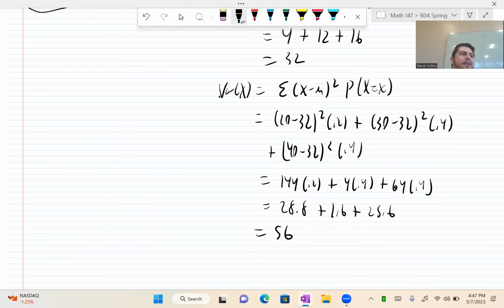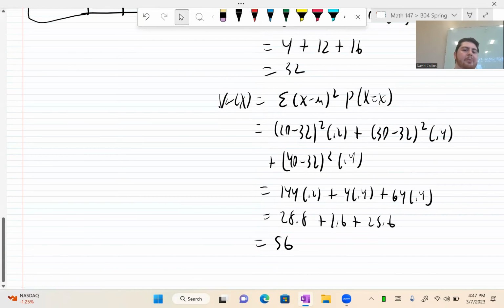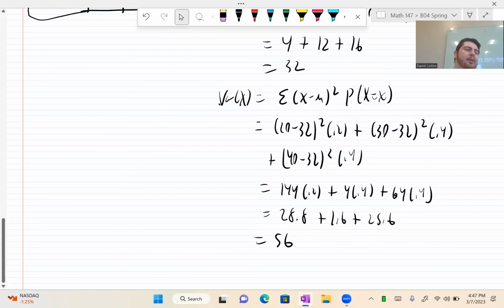I think. At this point, you just plug it into a calculator. And that's how you calculate expected value and variance for some discrete distribution. You'll never have to do it for a continuous one because that requires integrals.